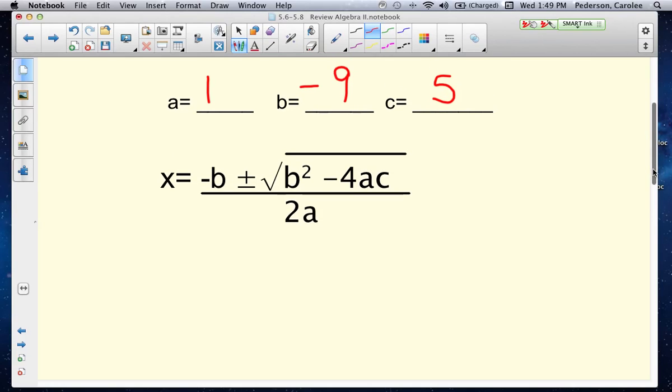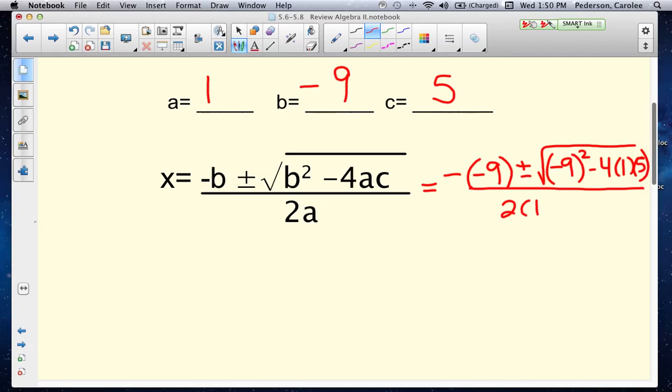Now I throw those numbers in. Be very careful. Throw your parentheses. Negative b, so it's a negative 9, plus or minus negative 9 squared, minus 4ac, all over 2a.